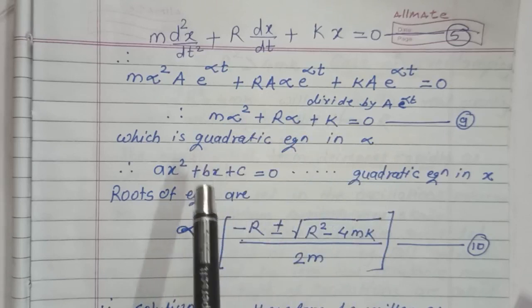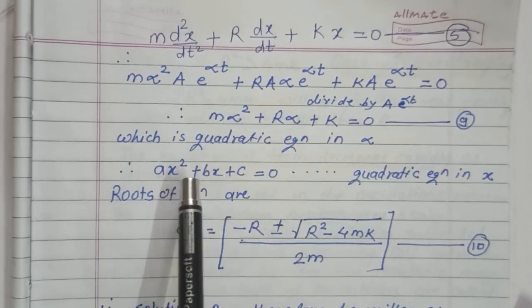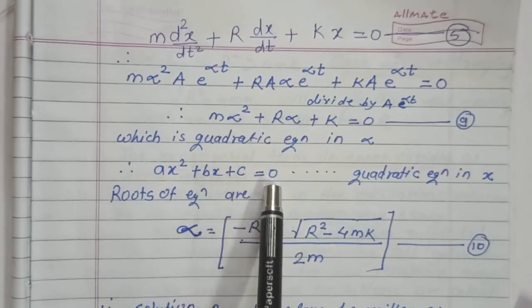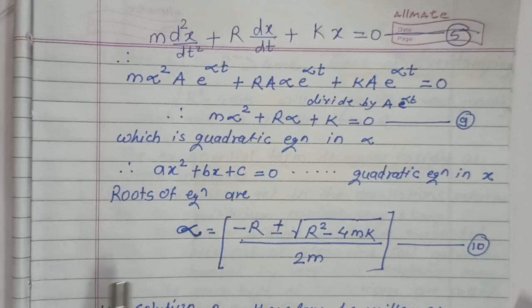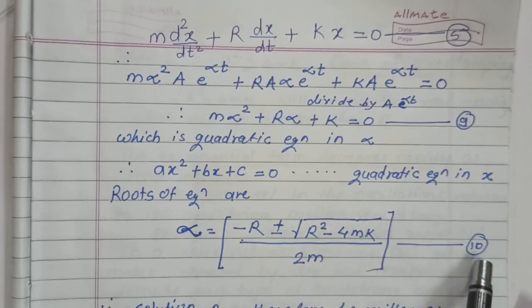That equation is in the form ax square plus bx plus c is equal to 0, a quadratic equation. Now the roots of the quadratic equation are alpha is equal to minus R plus or minus square root of R square minus 4mk divided by 2m, equation number 10.